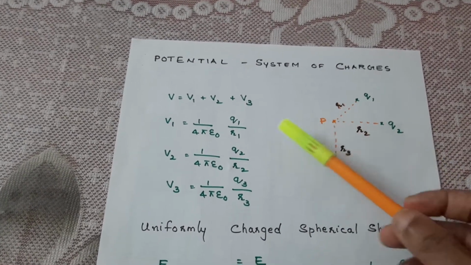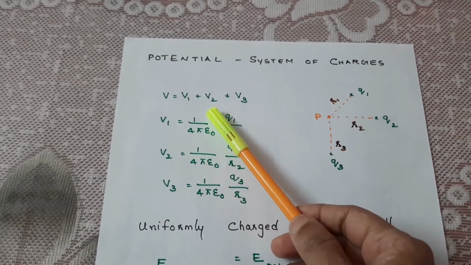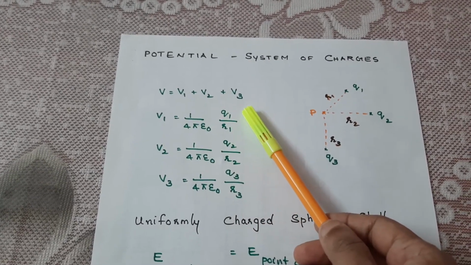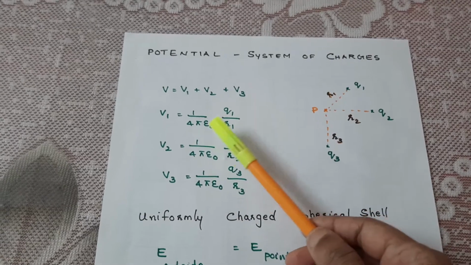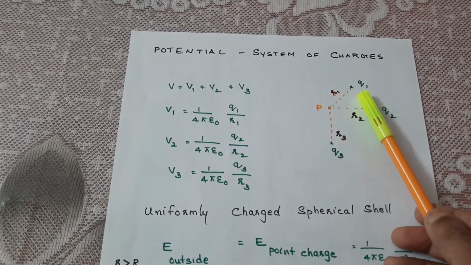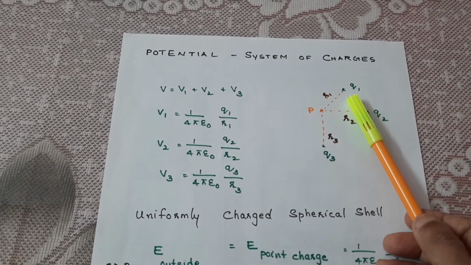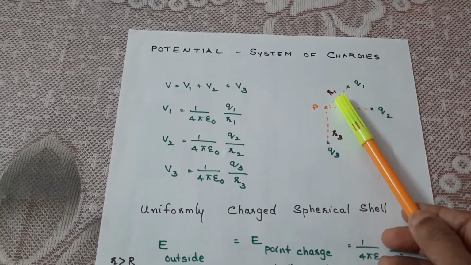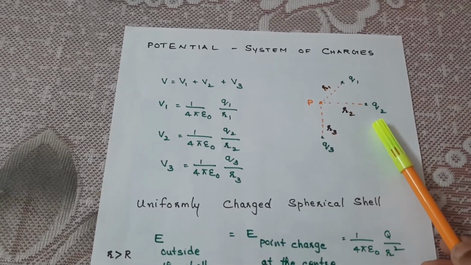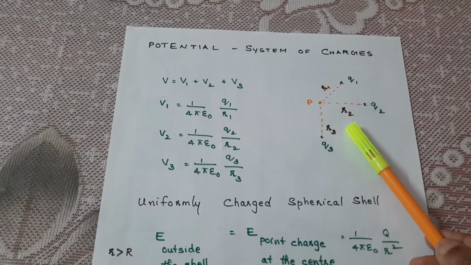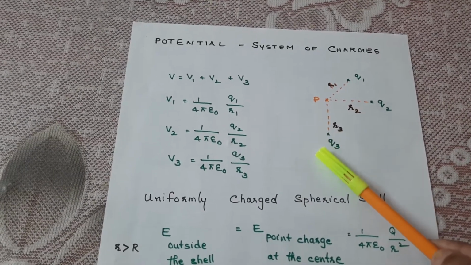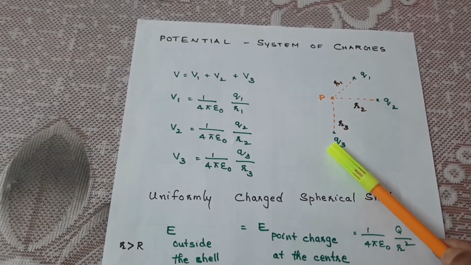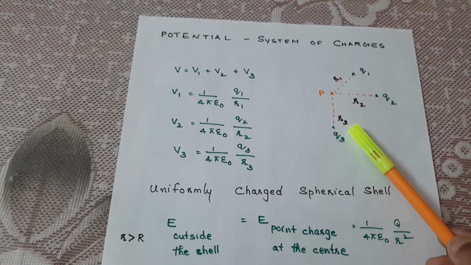So, potential at P, V is equal to V1 plus V2 plus V3, where V1, the potential due to Q1, is 1 by 4 pi epsilon 0 Q1 by R1. V2 is 1 by 4 pi epsilon 0 Q2 by R2. And V3 is 1 by 4 pi epsilon 0 Q3 by R3.